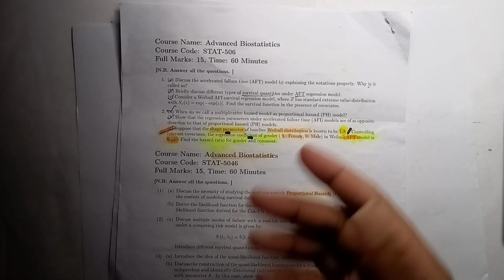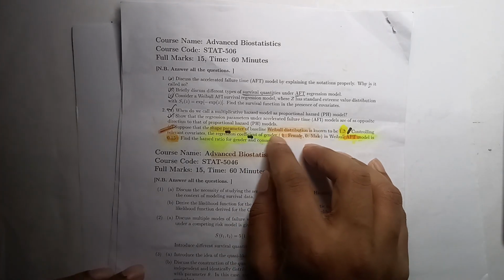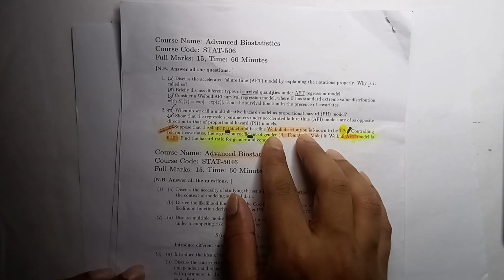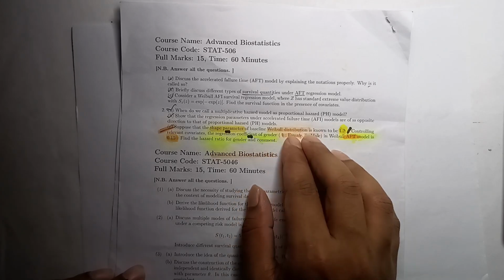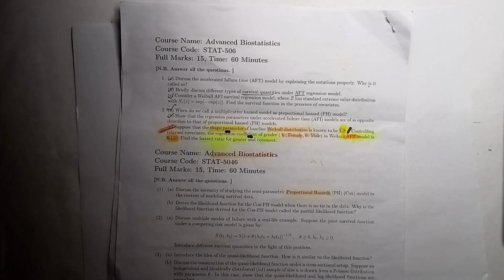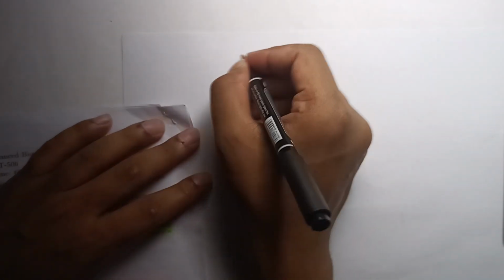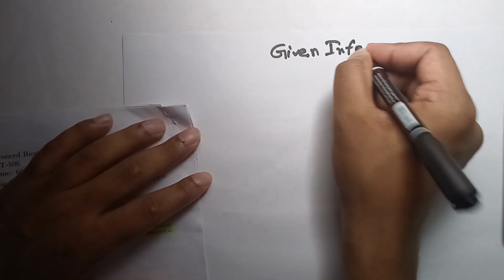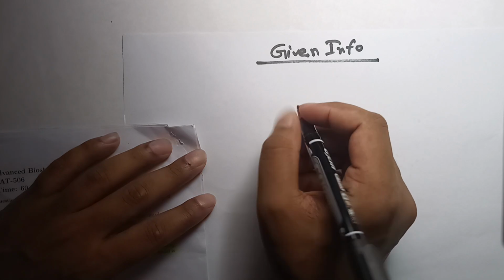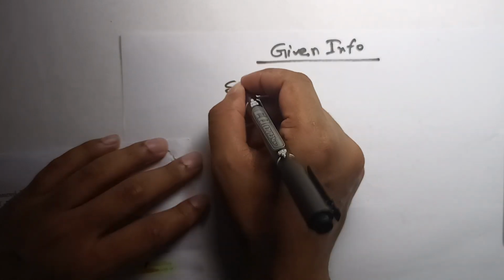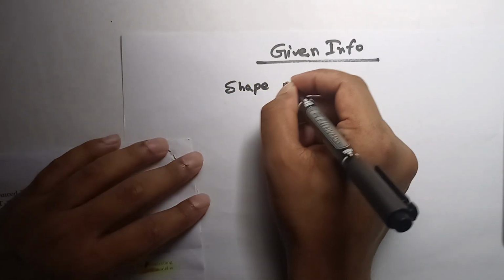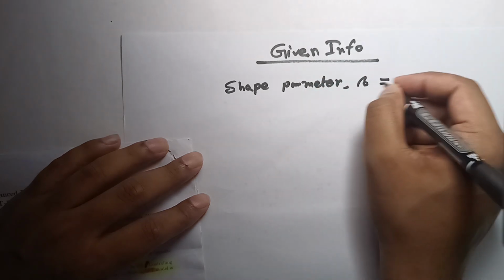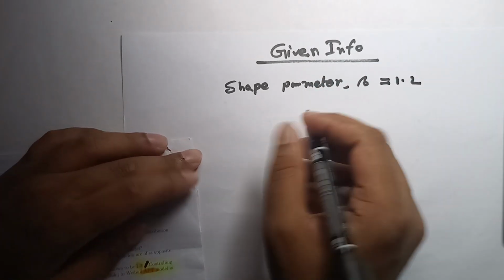Another important piece of information is the Weibull distribution, so the functions will be applied on the Weibull distribution. First of all, the given information: the first is the shape parameter, beta naught, which is 1.2.